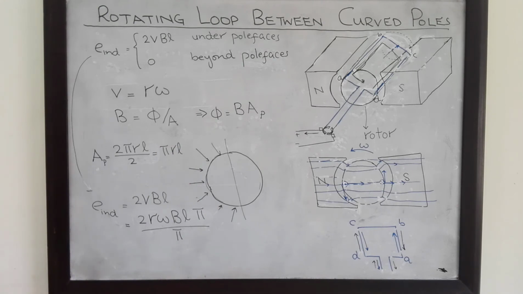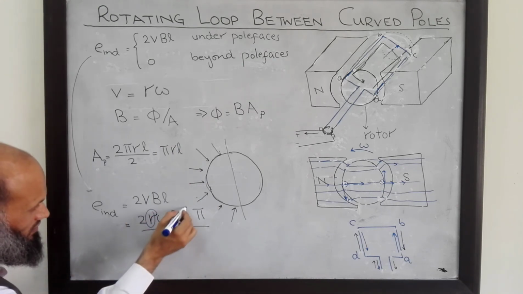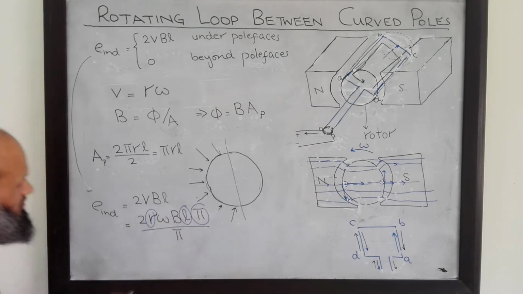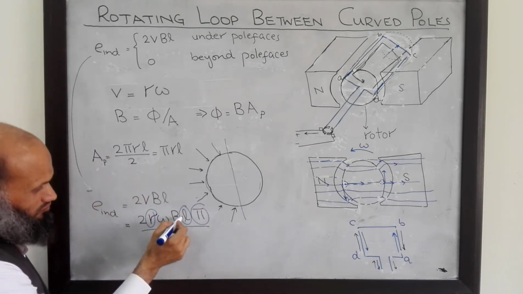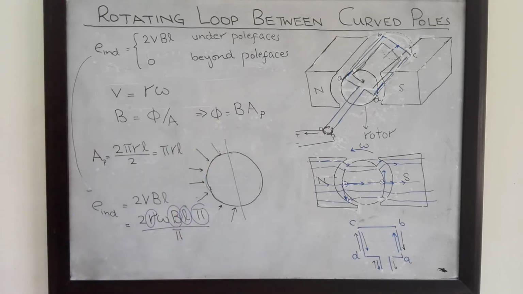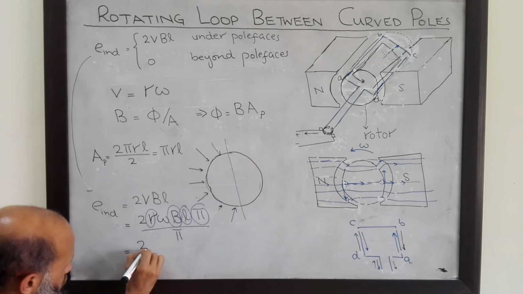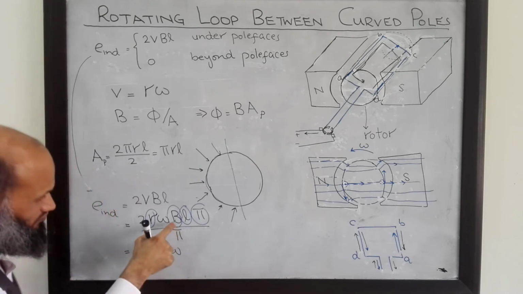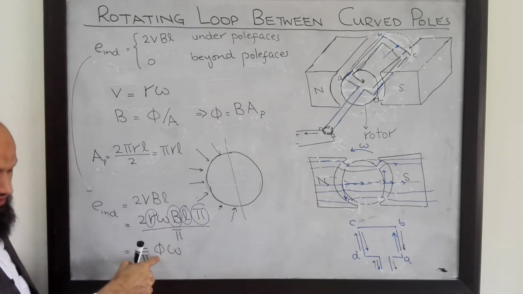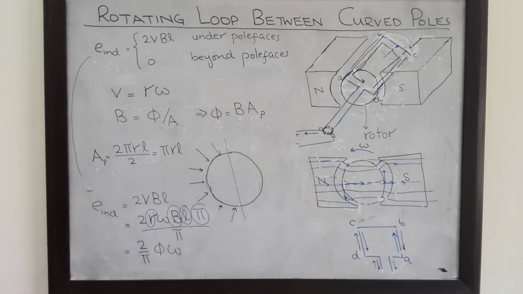So r L multiplied by pi, that is area, multiplied by flux density, that is the total flux in the machine. So this is 2 over pi flux into omega. B multiplied by all these constants, that is equal to flux.